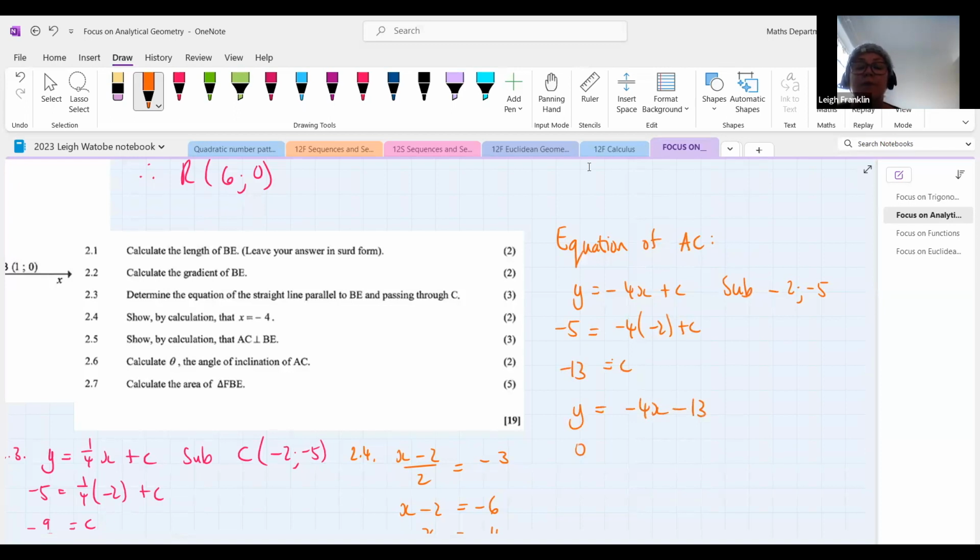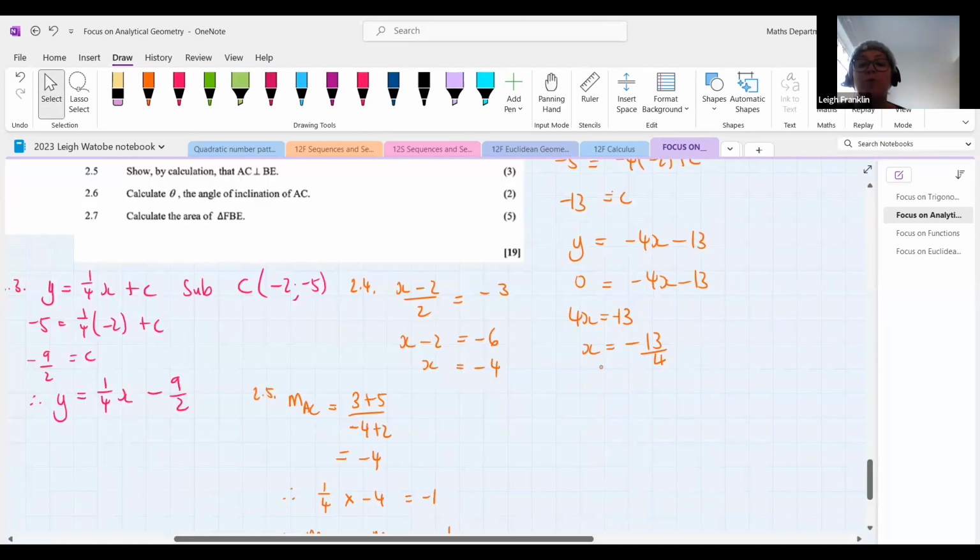So to work out the coordinate at F, it's an x-intercept, y is 0. So 4x equals -13. So x would be equal to -13 over 4.